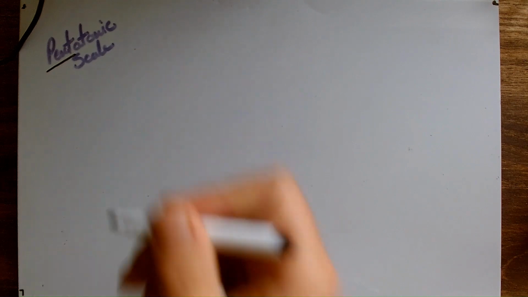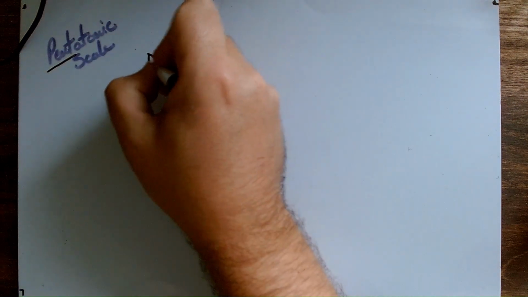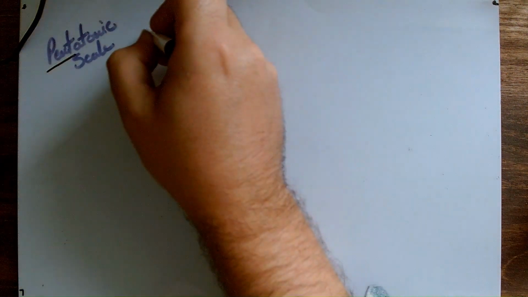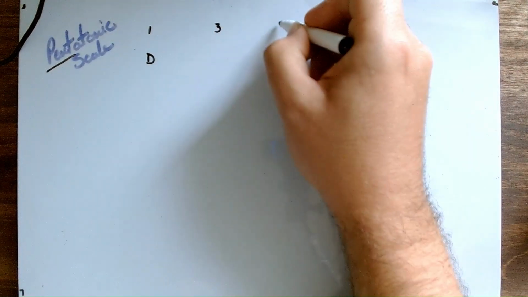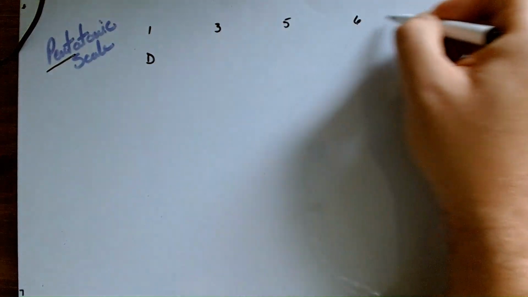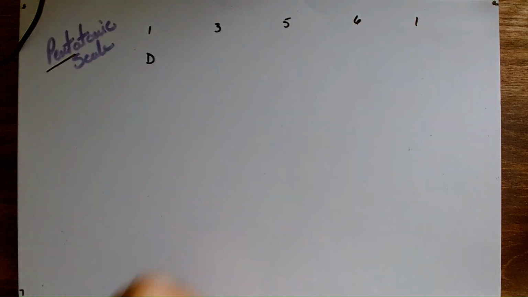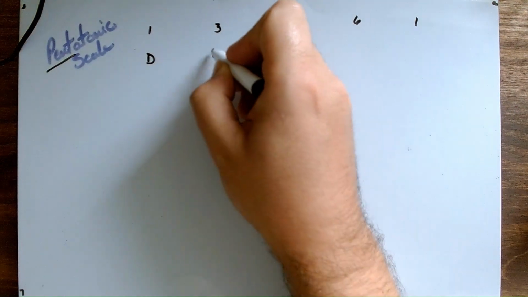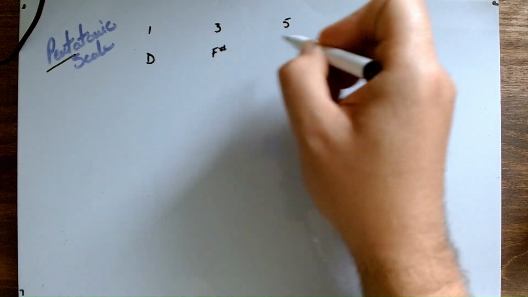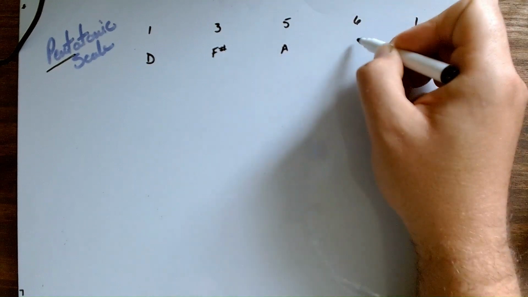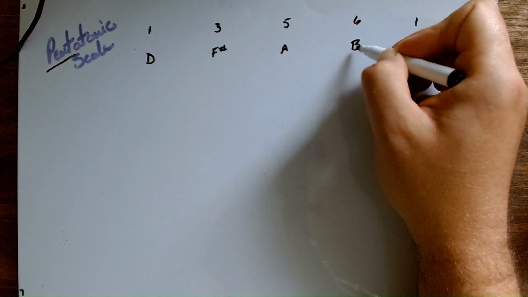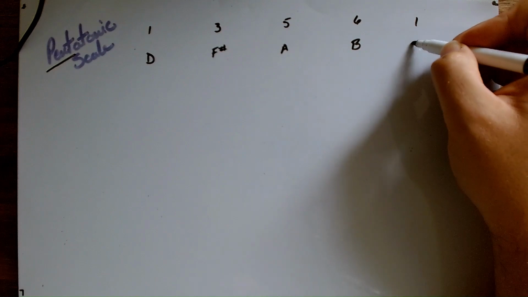So if I were looking at the D pentatonic scale, I need the first, the third, the fifth, and the sixth. So that's the easy one. 1, 3, 5, 6, 1. You're going to need an F sharp, you're going to need an A, and a B. And those are your legal notes.